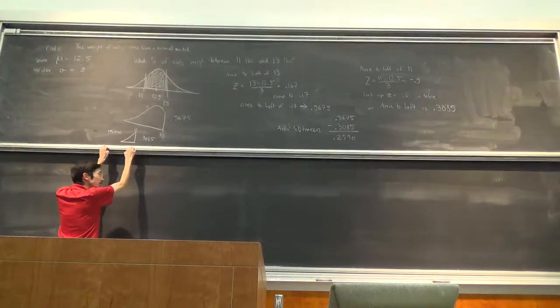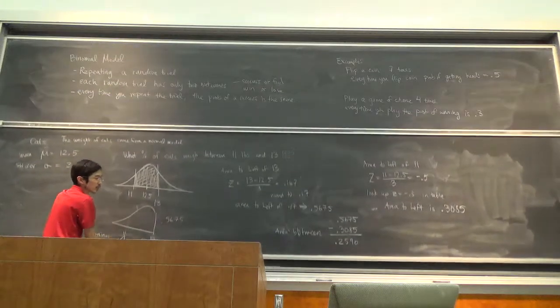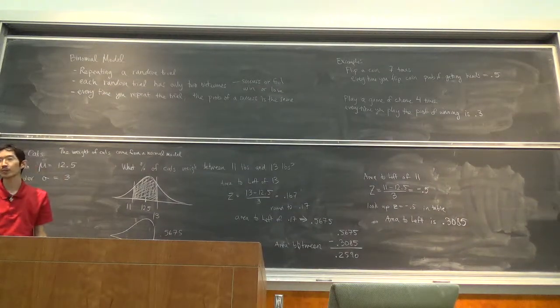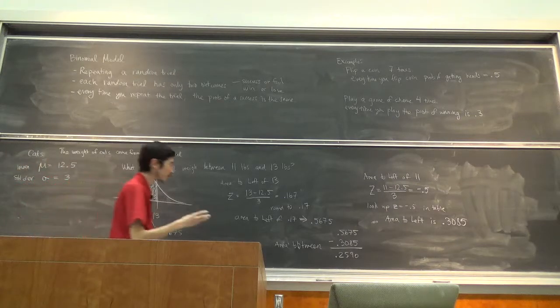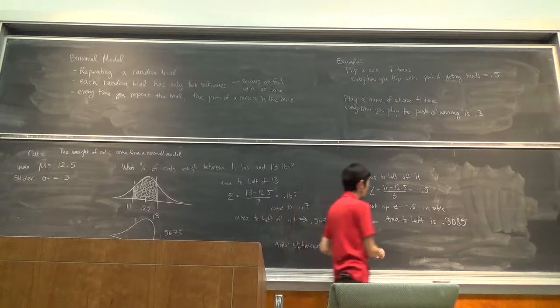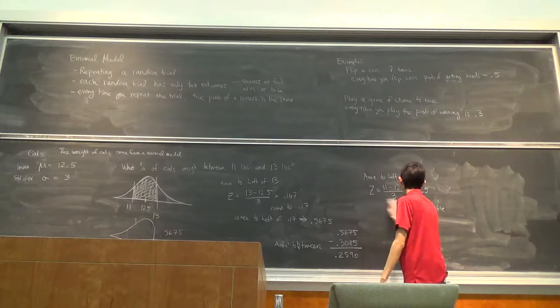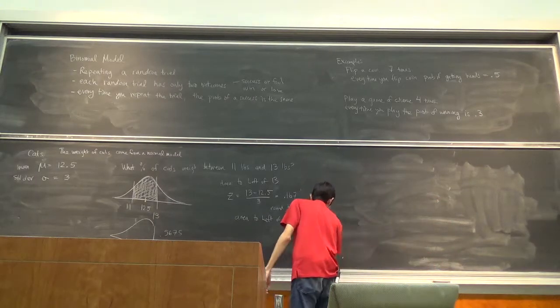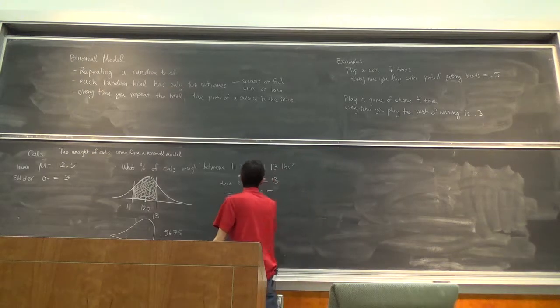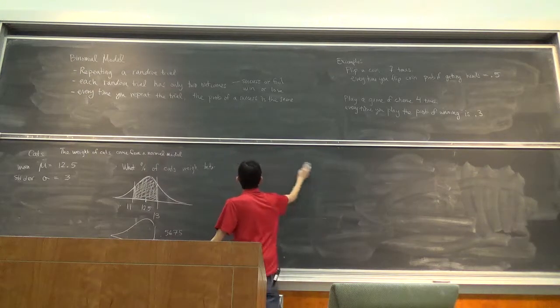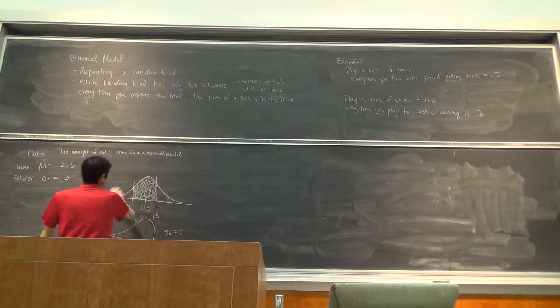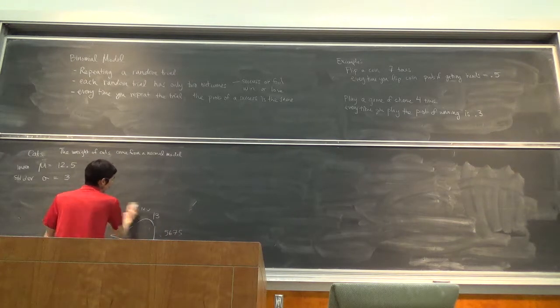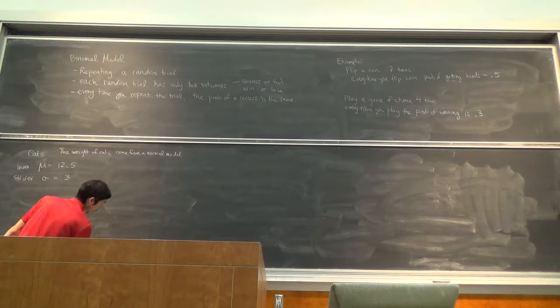So once you figure out it's a binomial problem, and again, that's the hardest part, you just read the problem, and there are three numbers you need to identify.